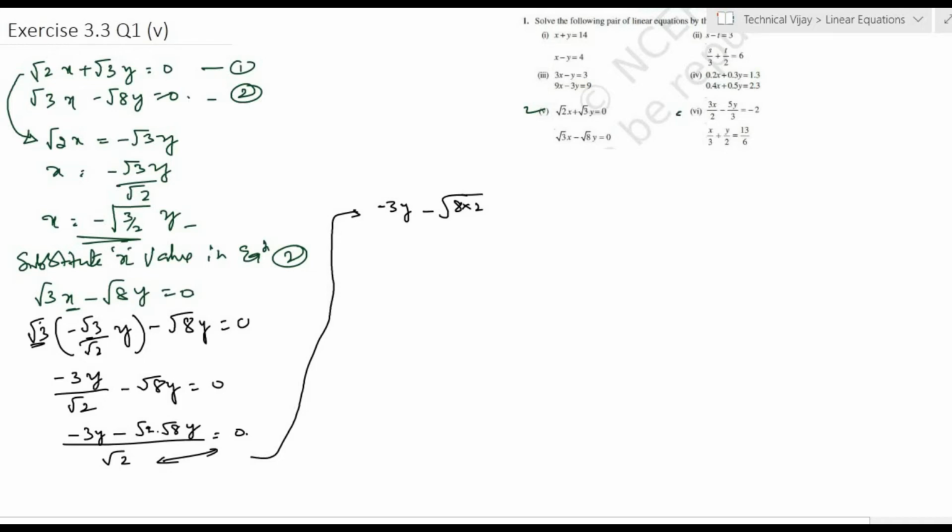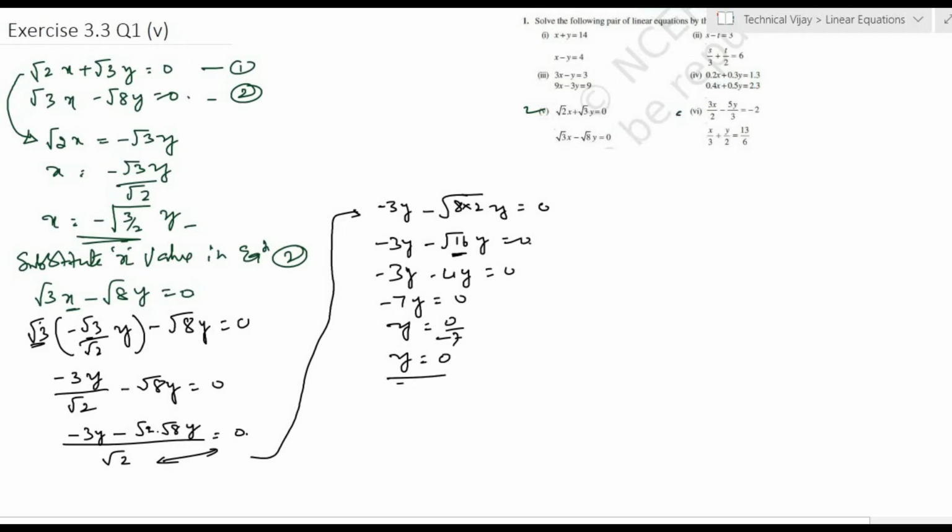So 8 into 2, that is 16. So y is equal to 0. So minus 3y minus root 16 y equal to 0. Root 16 means it will be 4 only. Minus 3y minus 4y is equal to 0. So minus 7y is equal to 0. So y is equal to 0 divided by minus 7, which is nothing but y equal to 0. So this is the y value.